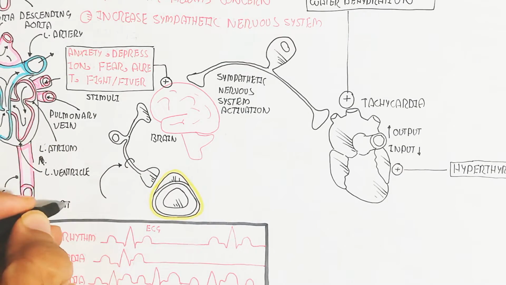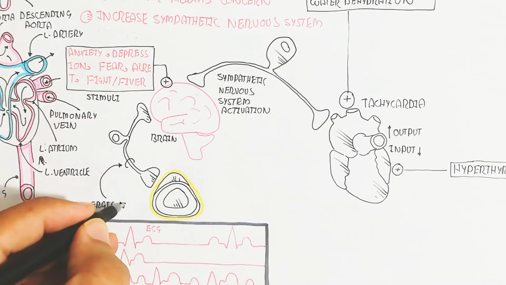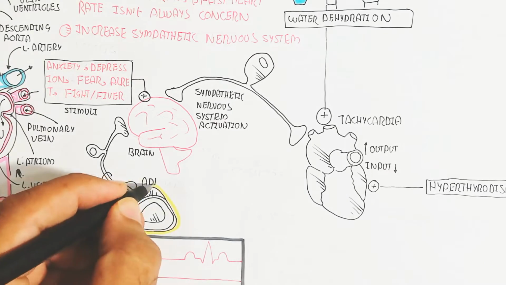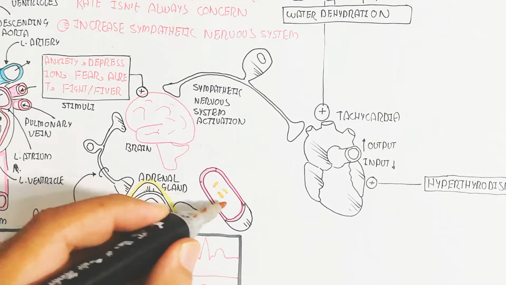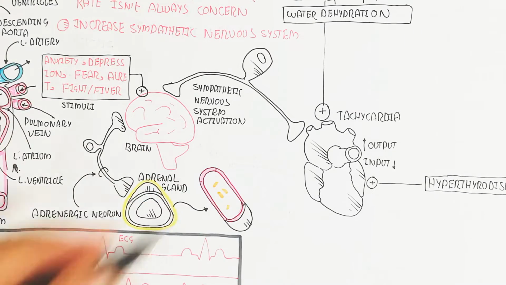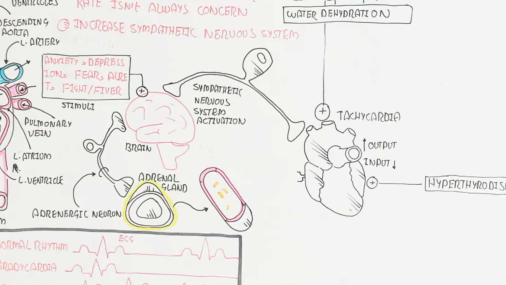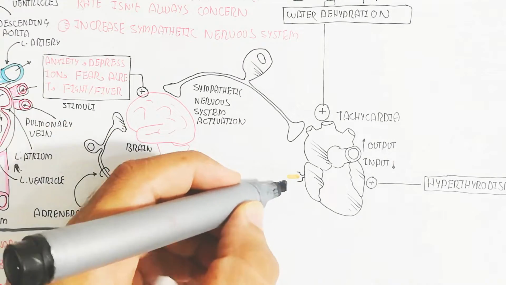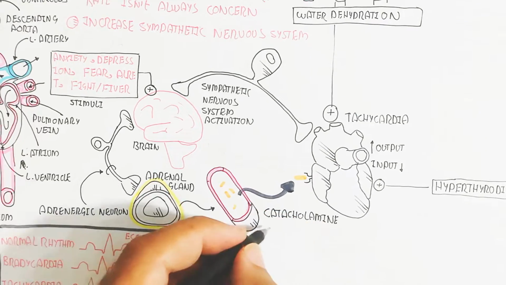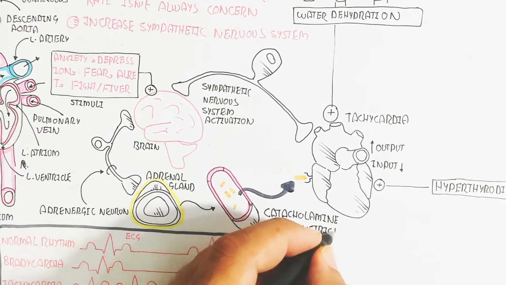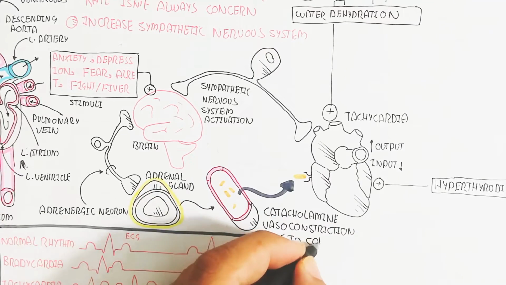On the other hand, here is the endocrine system. In this way, the adrenergic neuron during the sympathetic nervous system will activate the adrenal gland, which produces the catecholamine. This catecholamine will also target the heart and blood vessels for vasoconstriction, due to cortisol and epinephrine being released.